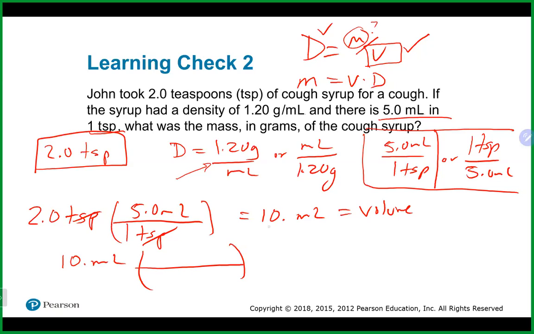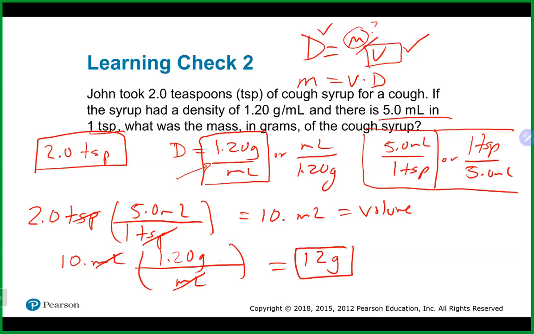We're going to use density like a conversion factor, so we grab it on the left so that the milliliters cancel: 1.2 grams per milliliter. Milliliters will cancel, and that will get us 10 times 1.2, which gives us 12 grams of cough syrup. Question on that setup?